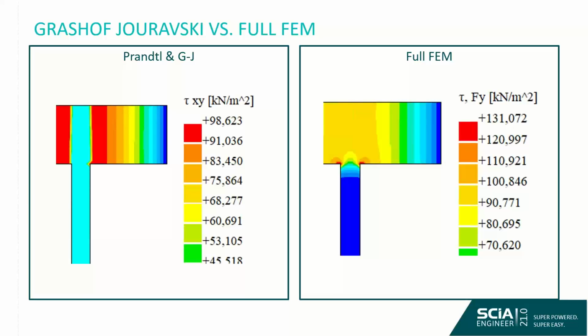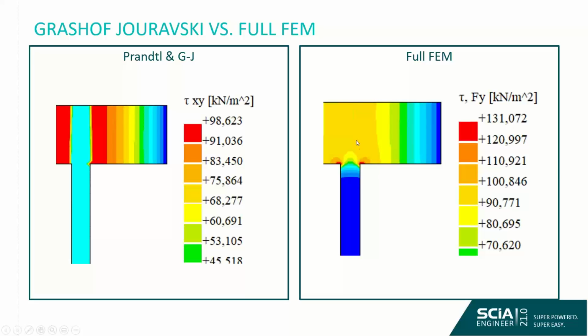And here again, some example of an I section with a little bit of a bigger height in the flange. This is to show you the issue of the local stress peaks when working with the full FEM method. We have here a very sharp corner, so we see that the peak value of the stress is a lot higher than what we would obtain with the Grasov-Jurowski method.